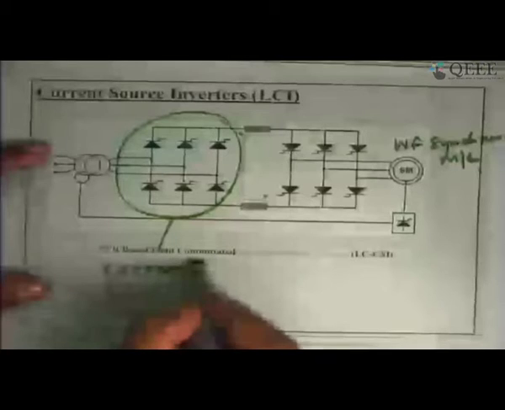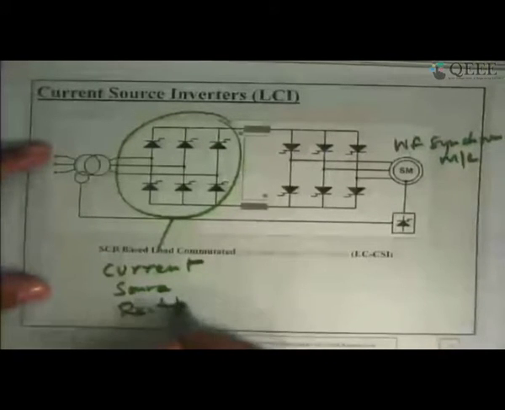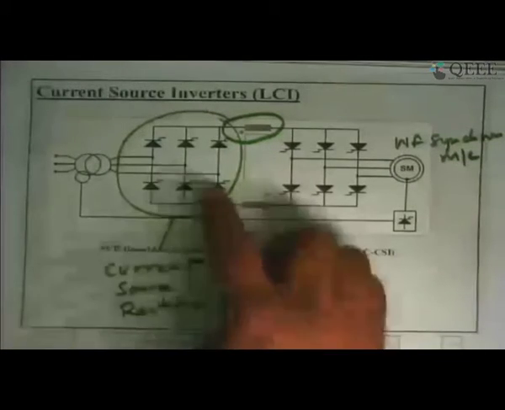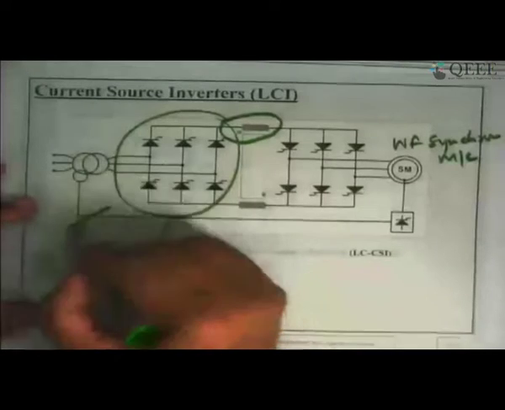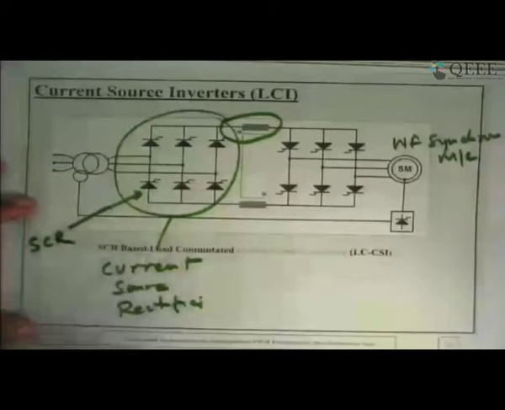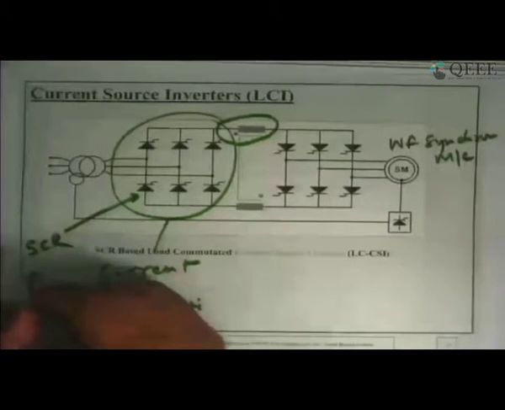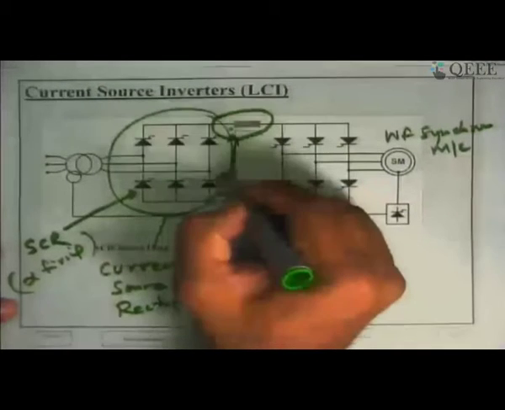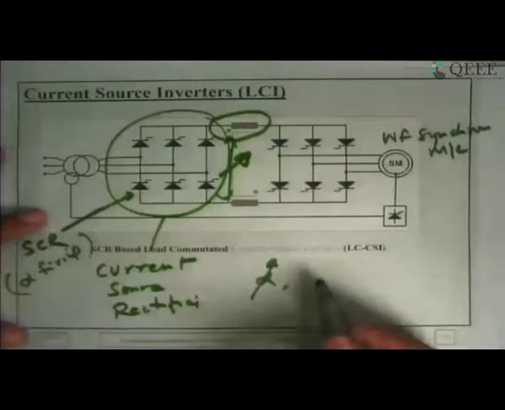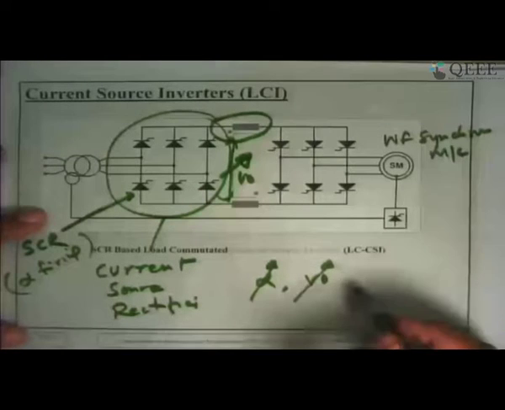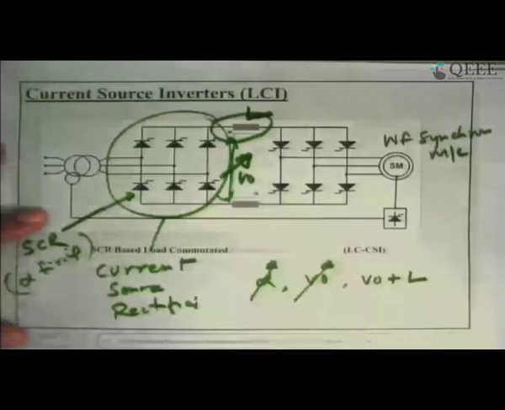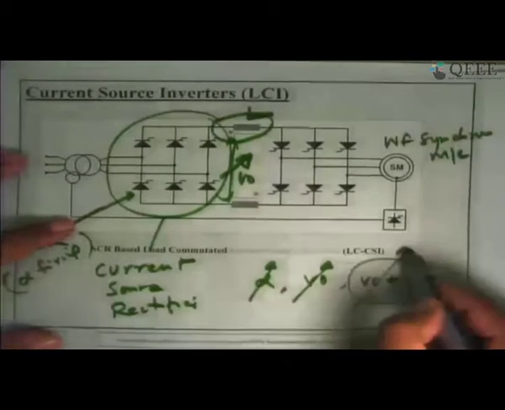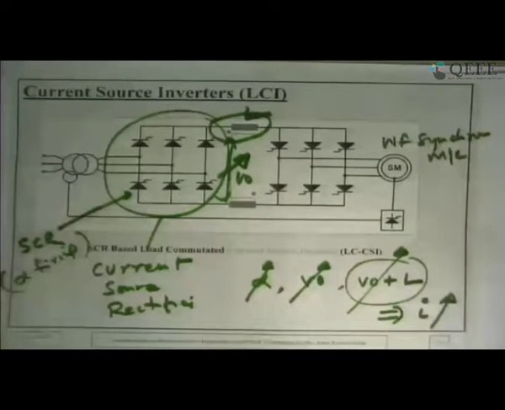So if you use thyristors, by controlling the alpha firing, the output voltage can be controlled. And V0 plus inductor, this is the inductor. So this variable rectifier plus an inductor creates a variable current source.